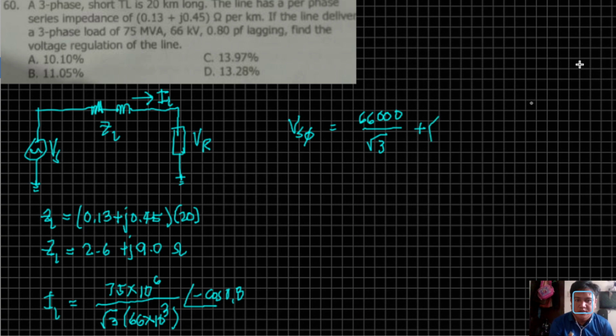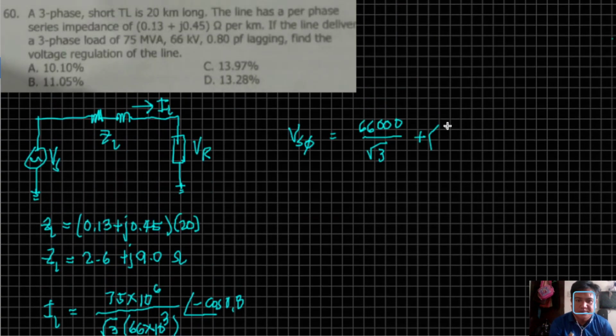So current is 656.08 angle of negative 36.87.